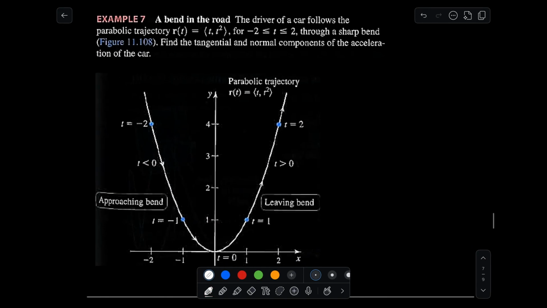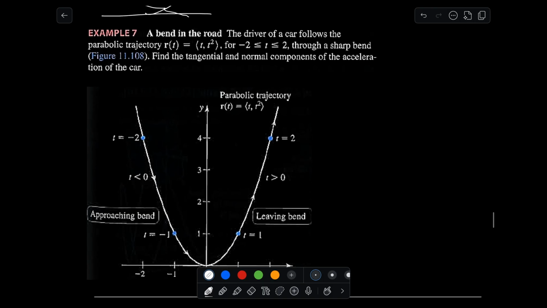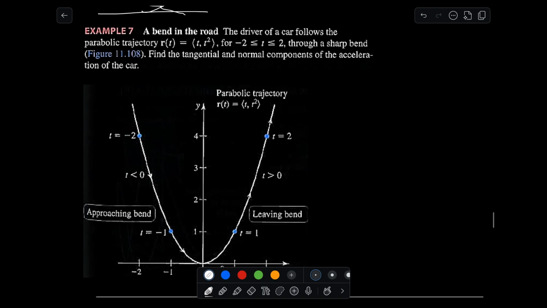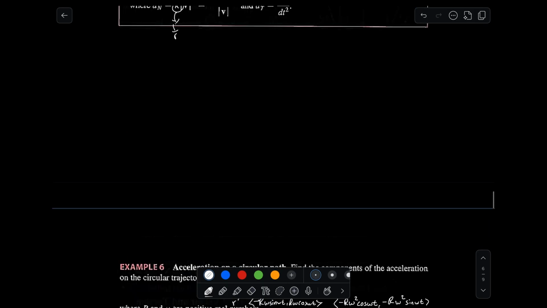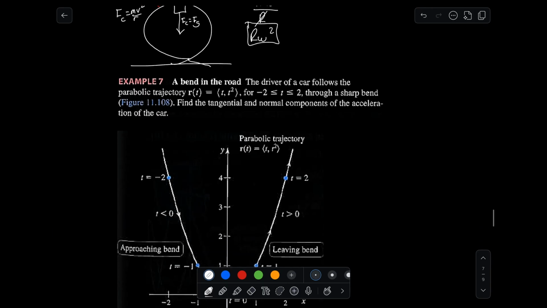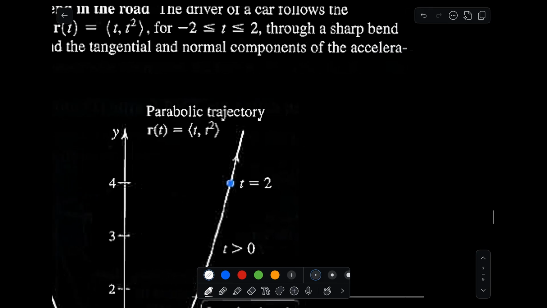And for example 7, this is going over a driver of a car who follows this parabolic trajectory through a sharp bend. Find the tangential and normal components of the acceleration of that car. Again, feel free to pause the video on this one. We have the examples and the definitions right here, and you can try this on your own. For this one, I'm actually going to use the cross product definition instead.